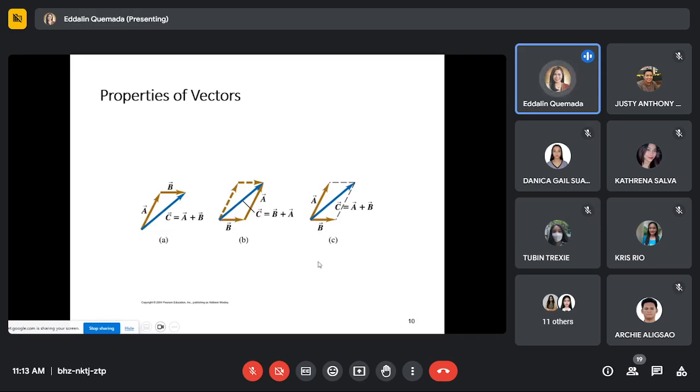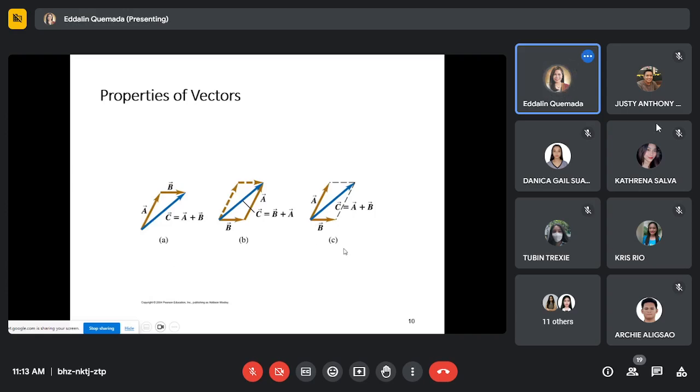Now, class, in scenario C, this is now the case. Still, we are plotting, adding the same vectors: B towards the east and vector A heading towards north of east. Take a look now at how the vectors are being plotted. What makes scenario C, class, different from scenarios A and B?